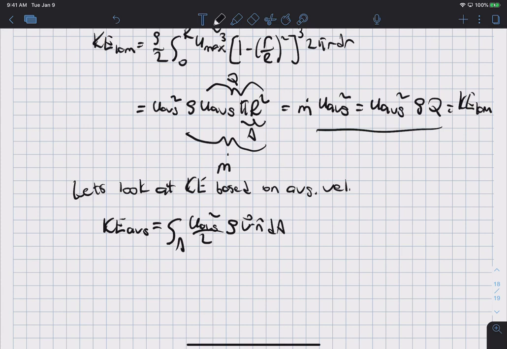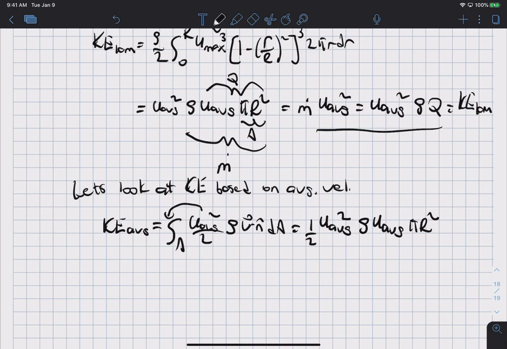Well, u averaged is constant over the entire face, so you can yank that out. And what this winds up turning into, this equals 1/2 times the average velocity squared times rho times u averaged times pi r squared.